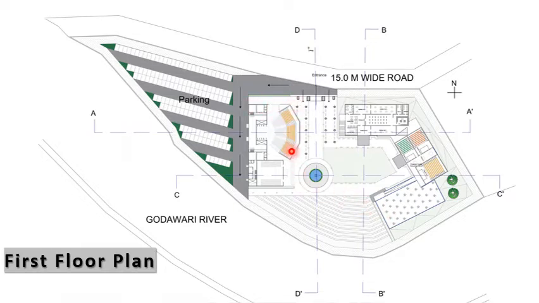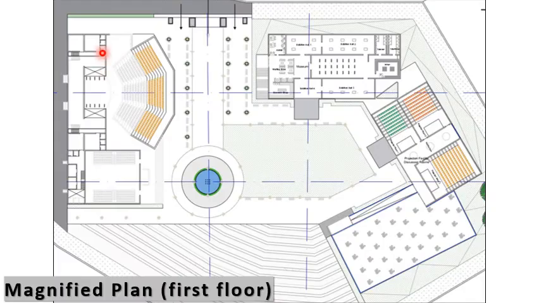On the proscenium block, there is a first level gallery for the people sitting. The magnified view shows the upper level green rooms for both the experimental theatre and the proscenium.